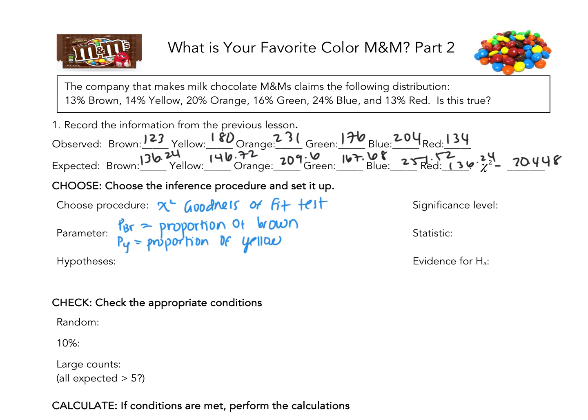What word am I missing? True. So the true proportion of brown, the true proportion of yellow, and then I will just say P of O, P of G, P of BL, and P of R is the same for the other four colors. So I'm not going to ask us to define all 6 of them.